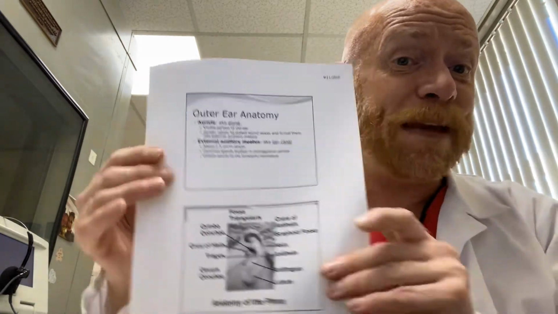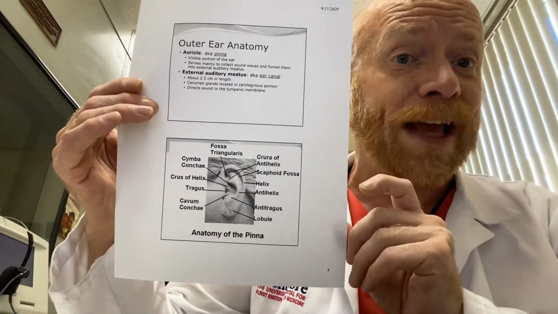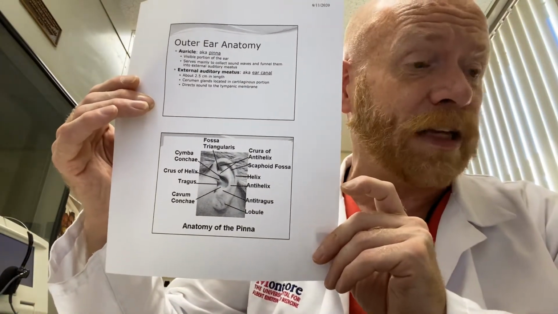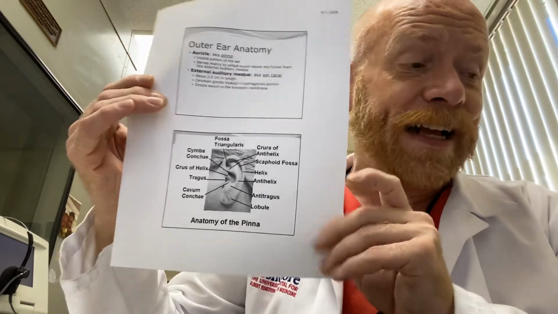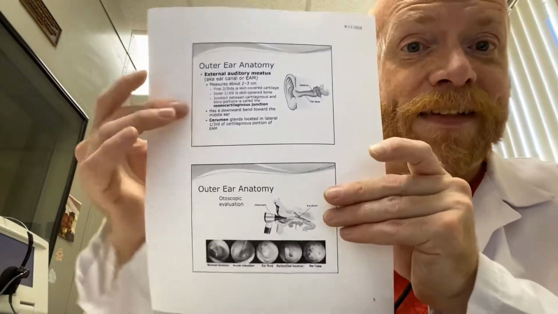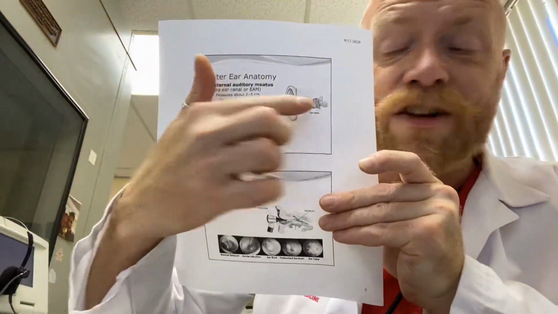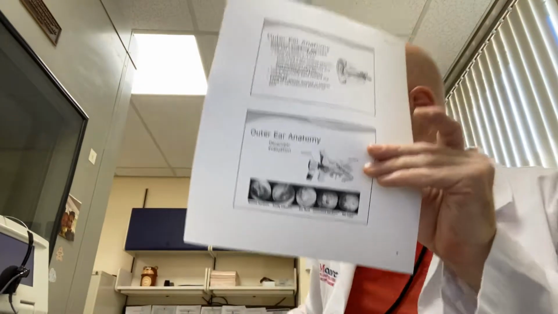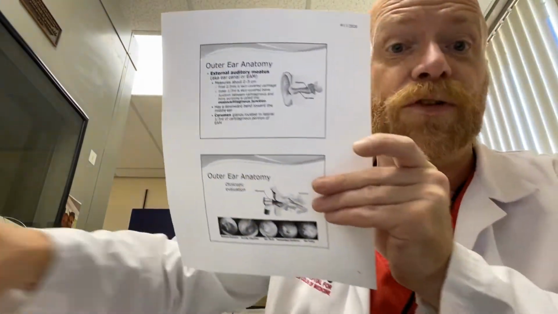It's the pinna, P-I-N-N-A, or auricle, A-U-R-I-C-L-E. That and the ear canal, which we sometimes call the external auditory meatus, EAM, make up the outer ear. Just those two things.